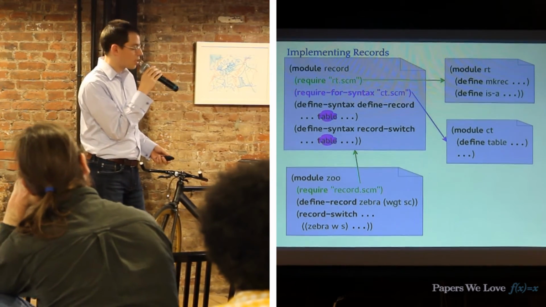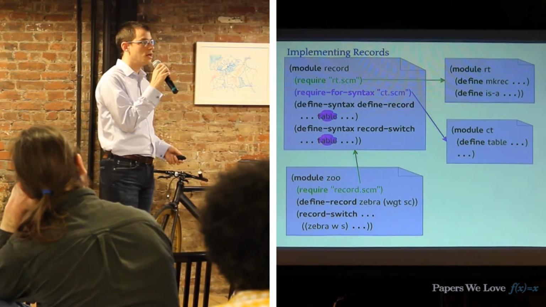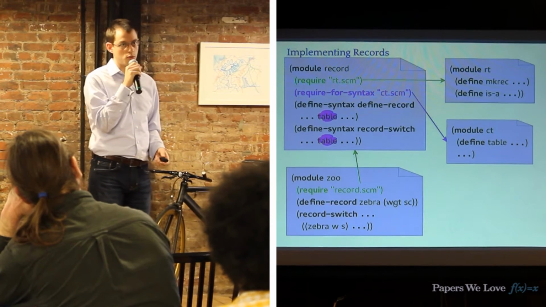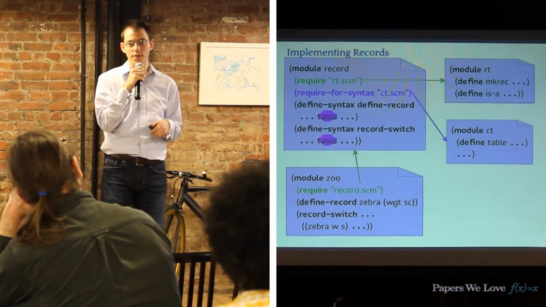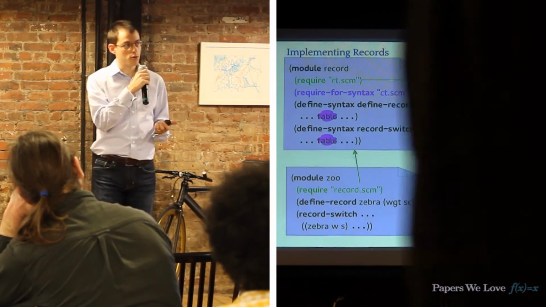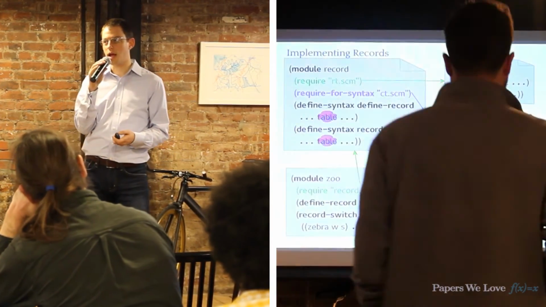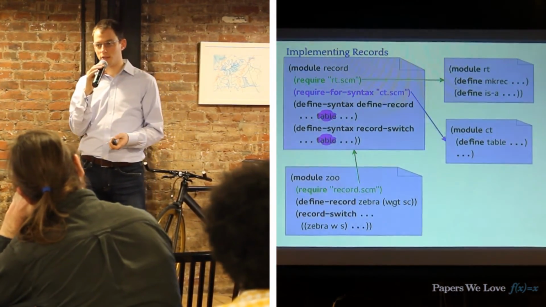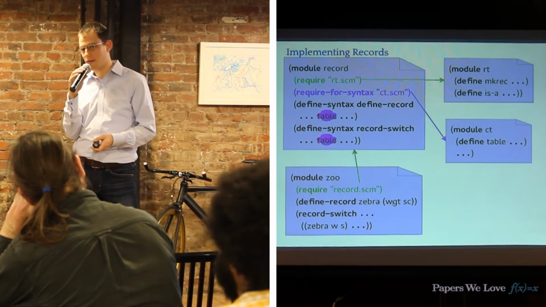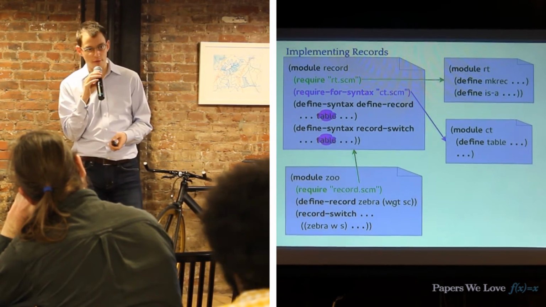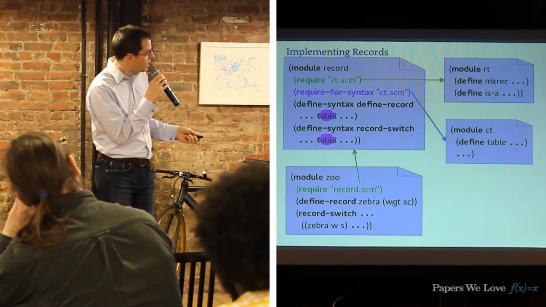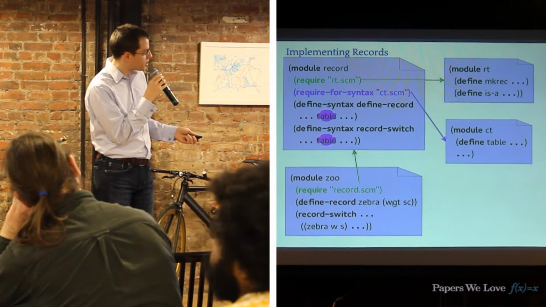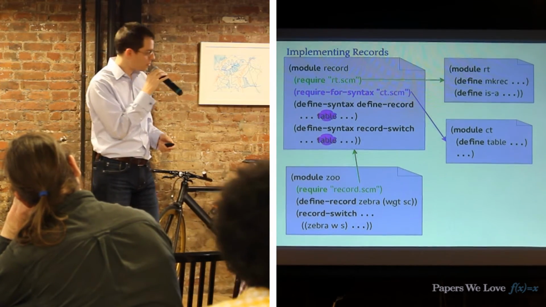The other thing to note is that imagine we want to keep track of these names so that we can give that syntax error. We're going to do that by having a compile-time table that says, here's how many fields zebras have, here's how many fields lizards have. We're going to define that in this compile-time module, which just has a table. It'll just be a hash table.